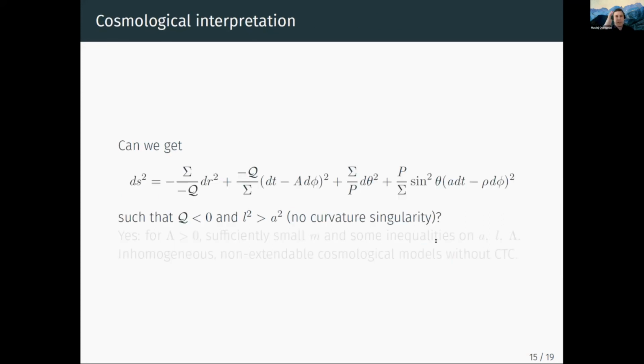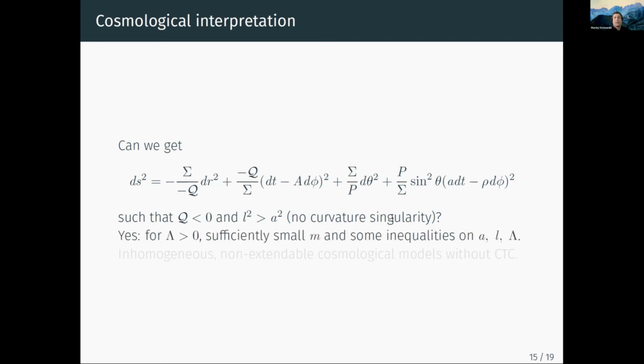Another application which we can immediately get is that we can look for such parameters that we would get cosmological behavior where there are no closed timelike curves. This happens if the Q function, which governs the roots of the horizons, is smaller than 0, and in this case we also have no horizons.